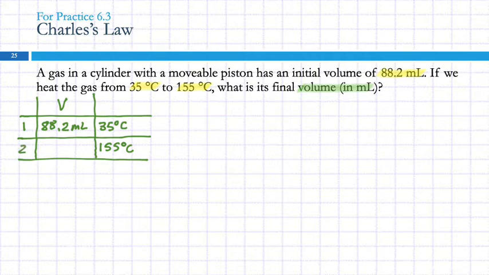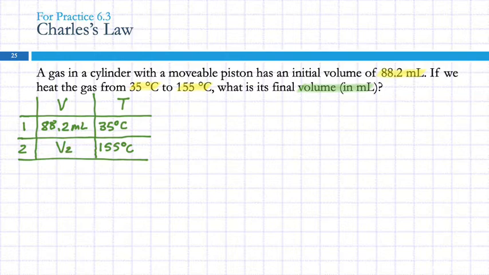So I'm going to call the second row 2, and I'm going to call this column T because those are temperatures. So this represents V1, this is T1, this is T2, and this is the thing that's missing. That's the volume. So I'm going to write V2 in there.